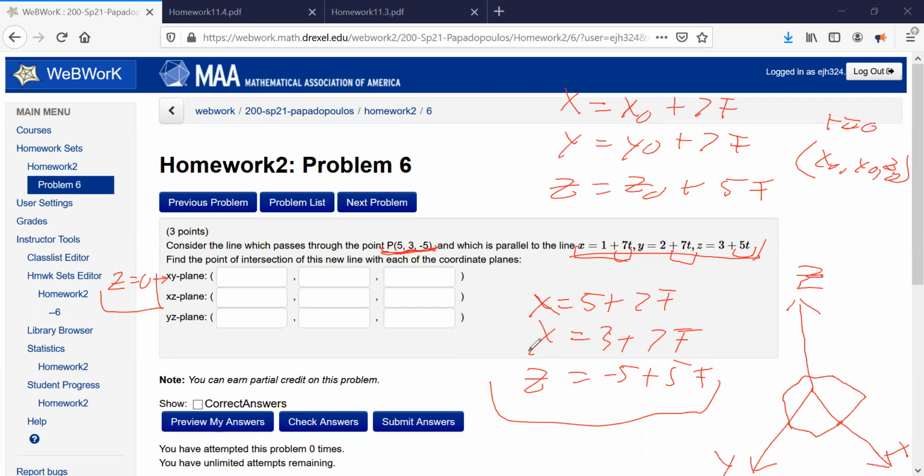So if z is equal to 0 is equal to -5 plus 5t, that's going to tell me that t is equal to 1. And I can plug that into these guys, and I get 12, 10, and 0, right? 5 plus 7 times 1 is 12. 3 plus 7 times 1 is 10, and z is obviously going to be equal to 0. Does that make sense to everyone?